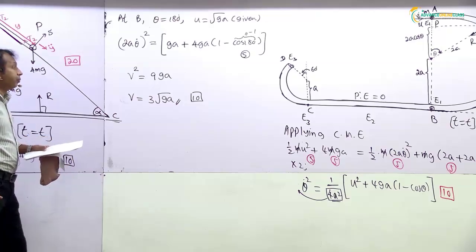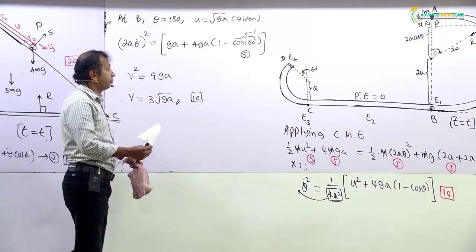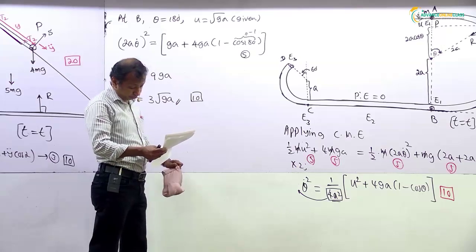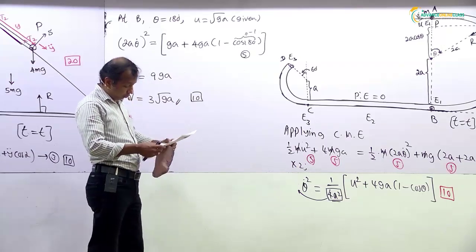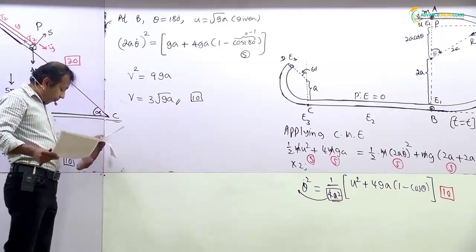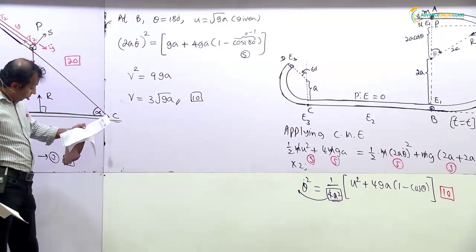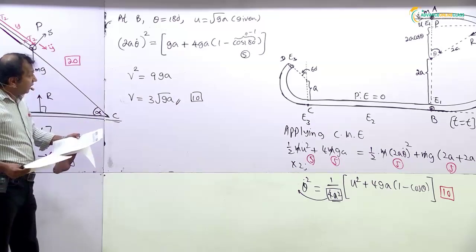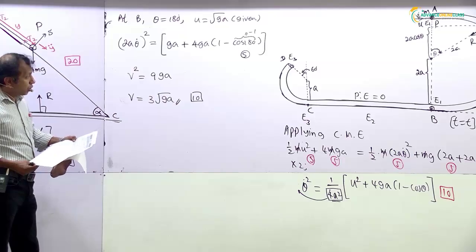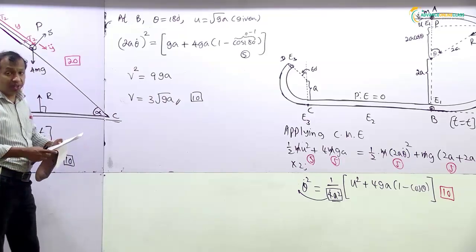Okay, people, now we are given this way. If the particle P just reached the point D, what do you mean by just reached?